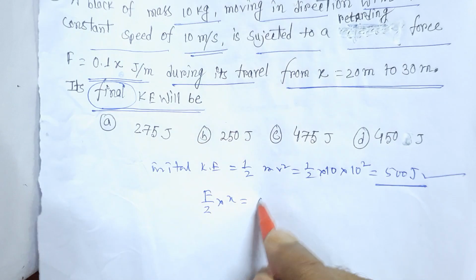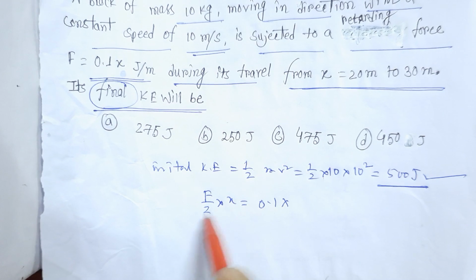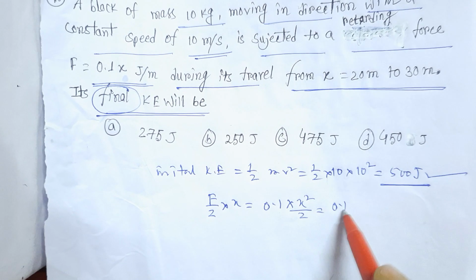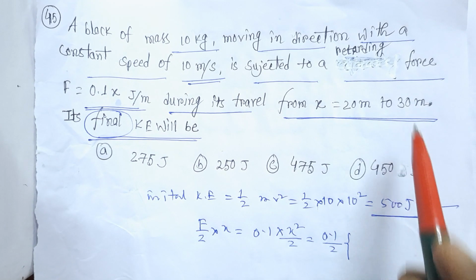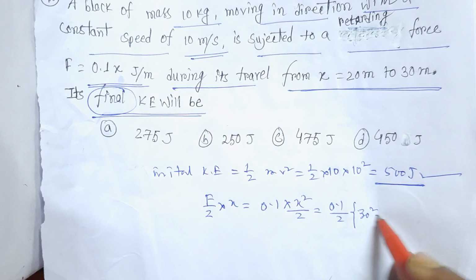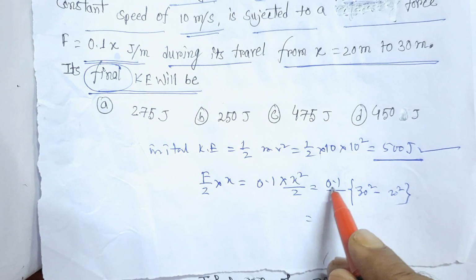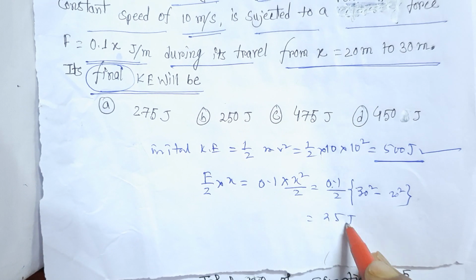F is 0.1 into x, so the work is 0.1 into x squared by 2. So 0.1 by 2 x squared, where x changes from 20 to 30. So x2 squared minus x1 squared gives 30 squared minus 20 squared, 900 minus 400, 500 into 0.1 is 50, by 2, 25 joule.